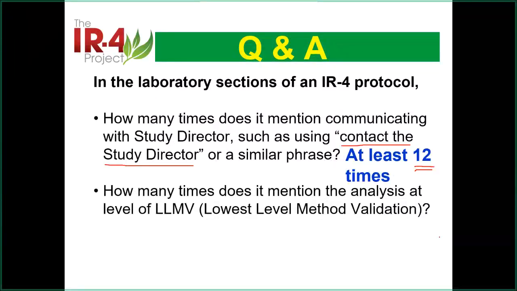That means this is really, really, really important. Because if something happens, the study director is the single point of control. Just talk to the study director, email him, pick up the phone and call him. This is very, very important.